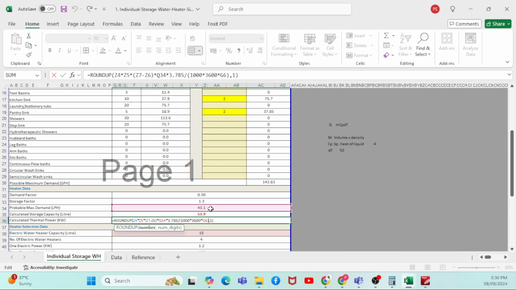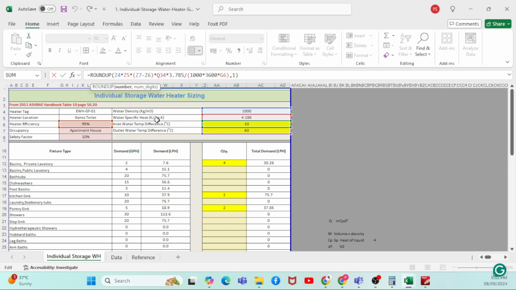Okay, 43.1, right? Multiply by, actually they have given 3.785 because they are going to convert from gallon to liter. That is not required here because we already converted directly to liters.